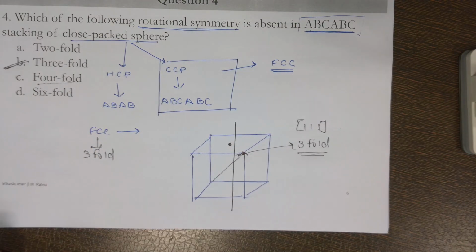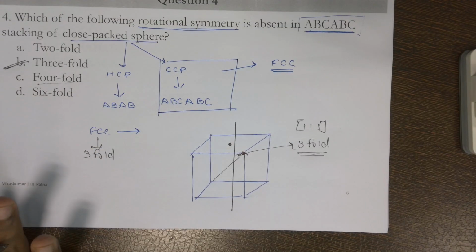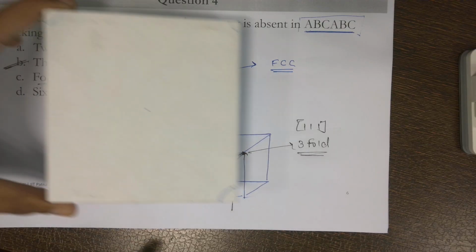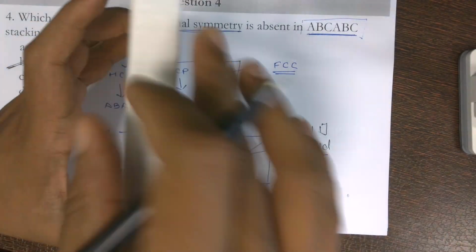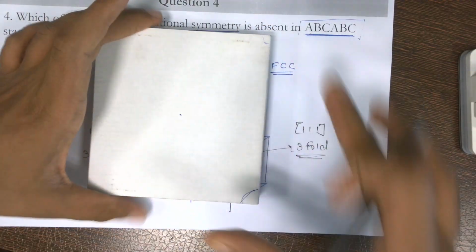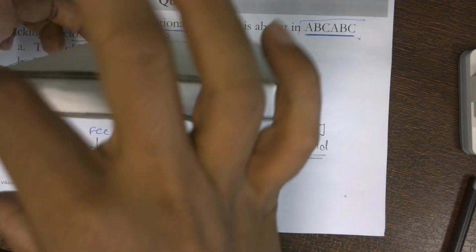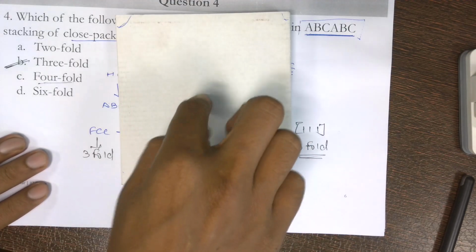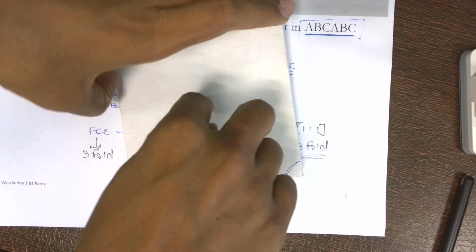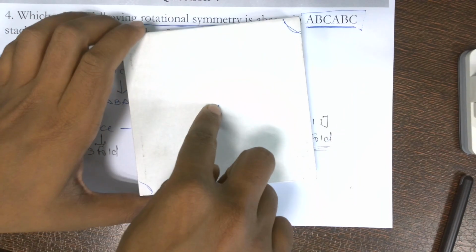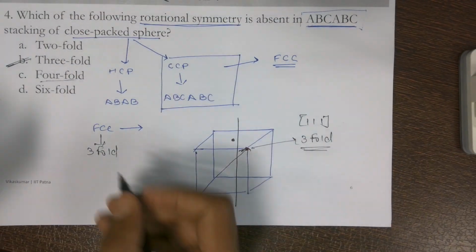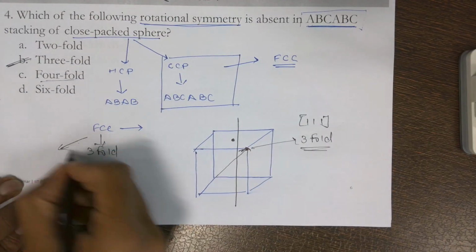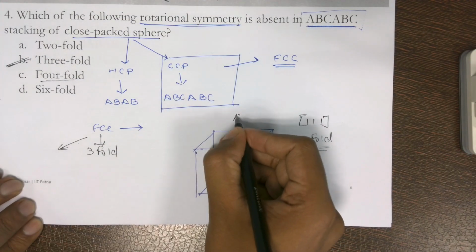Take a square. That's what I have shown just now. For example, let's say that this is my square and this is my cube. Imagine that this length and this length are the same. Consider that this is a cube and I am seeing it from the top. About this particular axis, I have fourfold symmetry, right? So we can say that it has the fourfold over here.